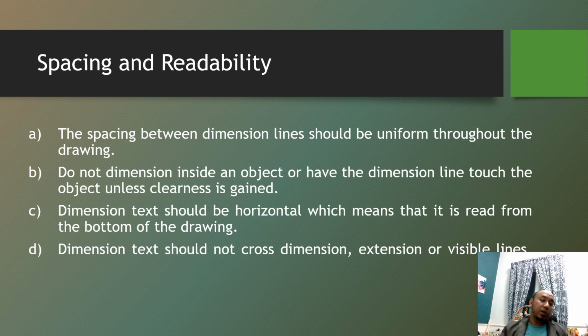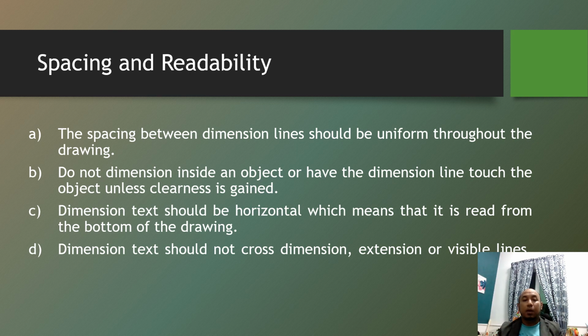Okay, so the spacing and readability. The spacing between the dimension lines should be uniform throughout the drawing. Do not dimension inside the object or have the dimension line touch the object unless clarity is gained. Dimension text should be horizontal, which means it is read from the bottom of the drawing.